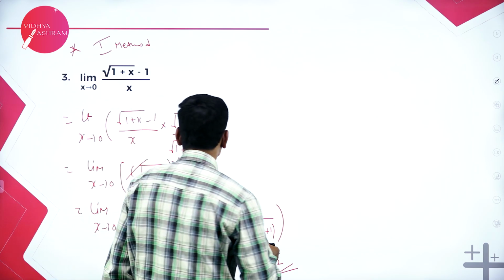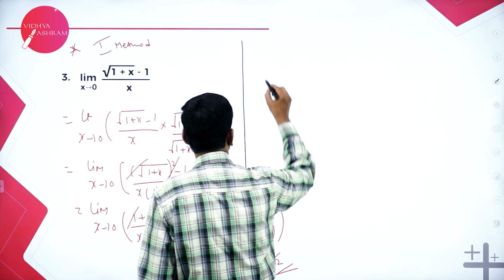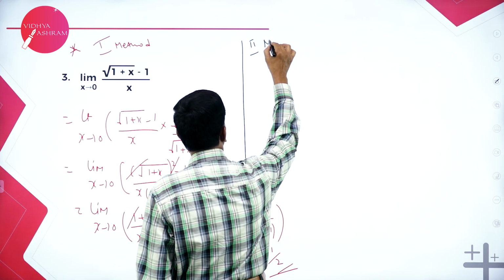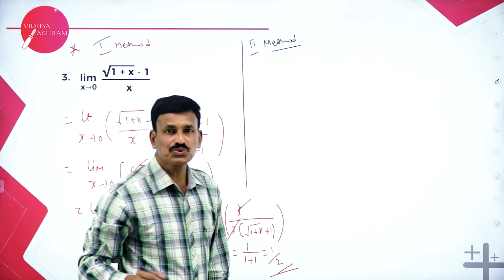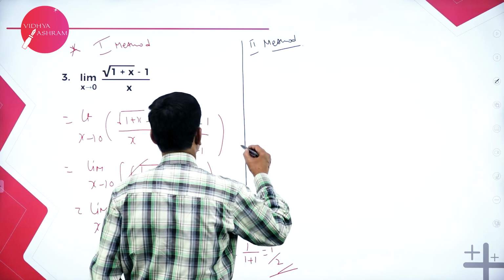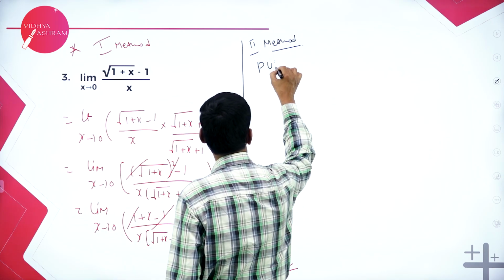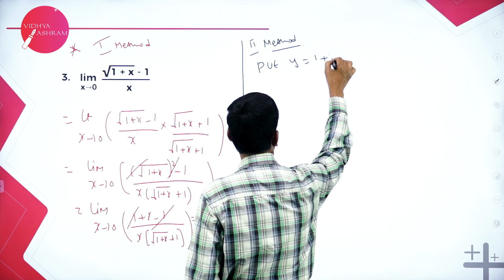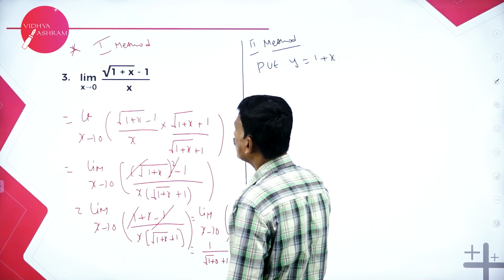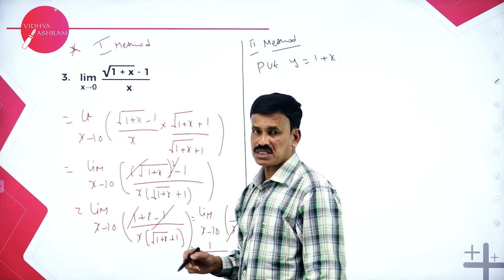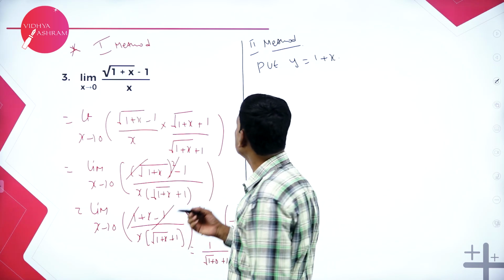Now on the other hand, method 2, the second method, let me explain the second method. The second method is by the method of substitution. Let us consider this as put y is equal to 1 plus x. Then what happens? Whenever substitutions are taken, the value of the limit changes.